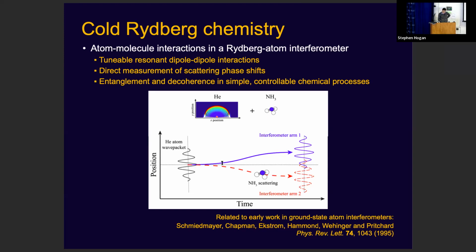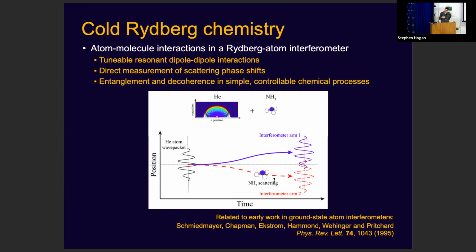We would like to do this in a way that in one of the arms of the interferometer, we can apply a field that brings one of the states into resonance with the resonant energy transfer, or the dipole-dipole interaction, with the ammonia molecules. And there, if we can control orientation, we think we can extract the cross sections for these processes directly from the phase shifts of these matter wave interference patterns. So it'd be a direct phase shift measurement of this.